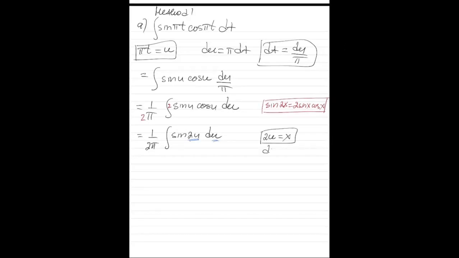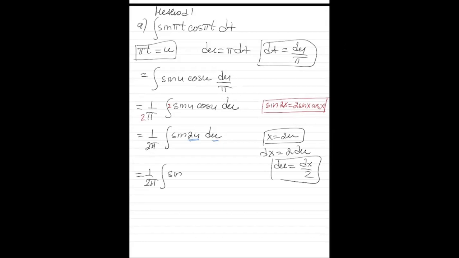So I wanted to do x equals 2u, it's the same thing. So dx is equal to 2 du, and du is dx over 2. It's a very simple substitution, just a constant. So let's go back and finish the integral.